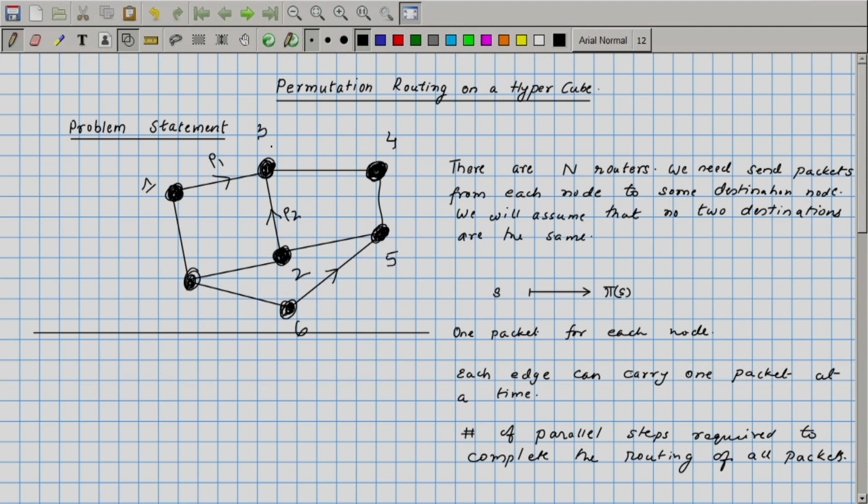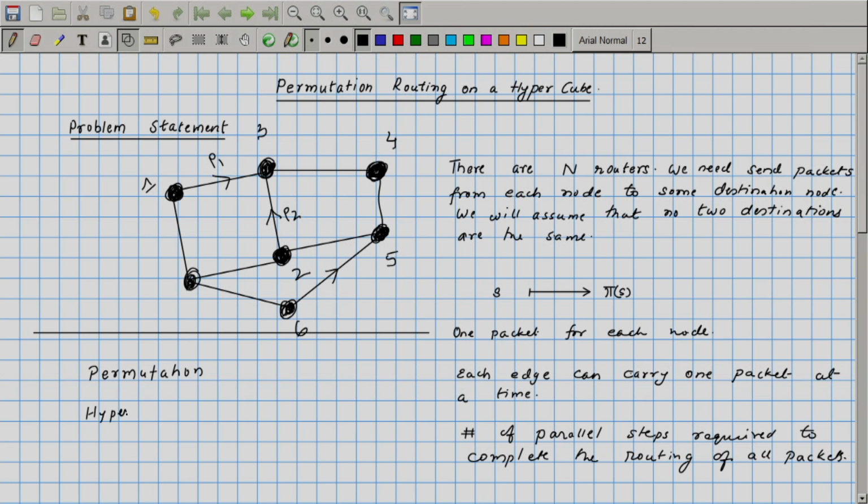What we are interested in is the total number of parallel steps required to accomplish the complete routing, or the complete transfer of all packets. That is the problem statement, so we have understood what permutation means here: for each source there is a unique destination, and the destination is one amongst these nodes itself.